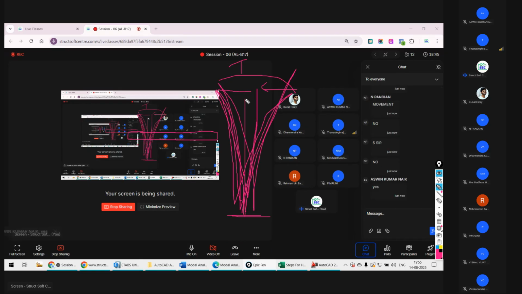So guys, when you apply the load over this structure, what will happen? It is going to store the energy. Whatever impact you create there, that is entirely stored by your structure.